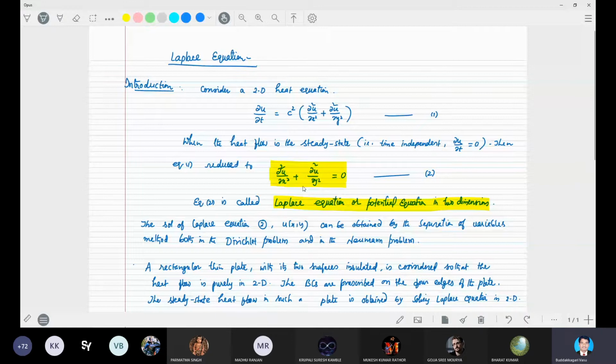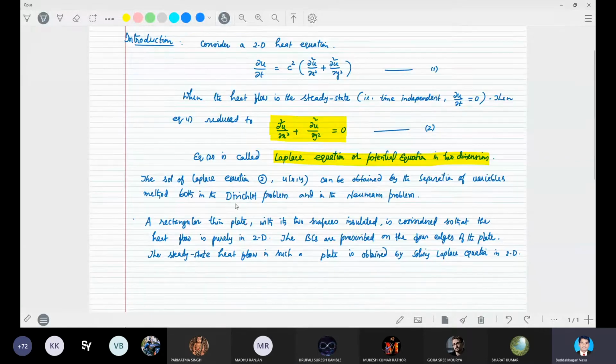This is just a small description of the Dirichlet and Neumann conditions, based on the conditions. Therefore, this Laplace equation can be solved using the method of separation of variables.